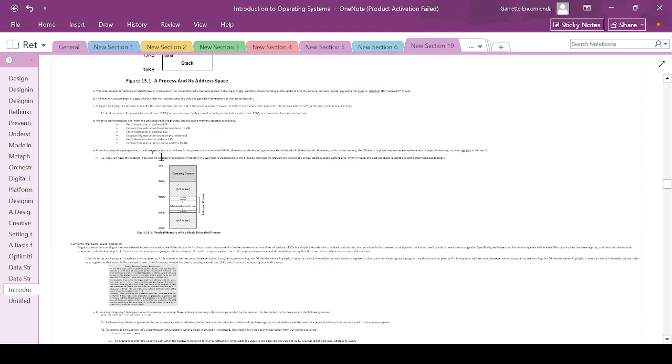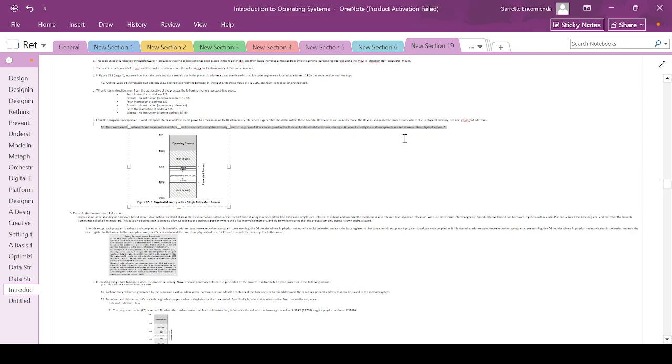Thus, we have the problem: how can we relocate this process in memory in a way that is transparent to the process? How can we provide the illusion of a virtual address space starting at 0 when in reality the address space is located at some other physical address?